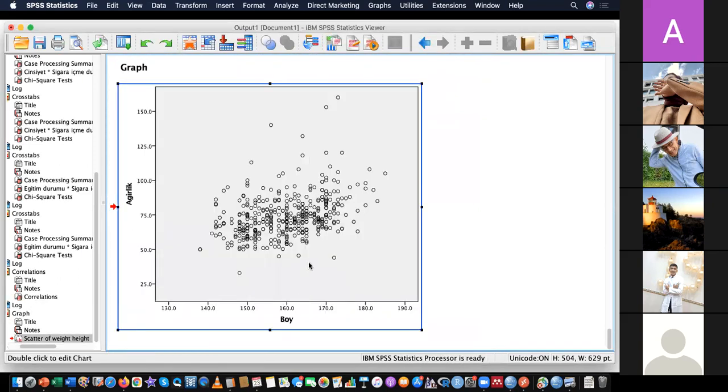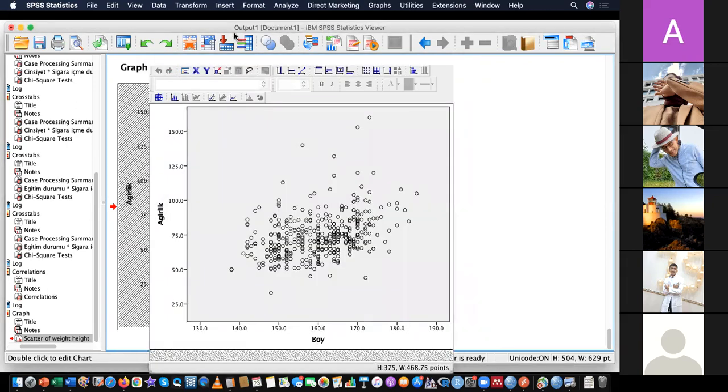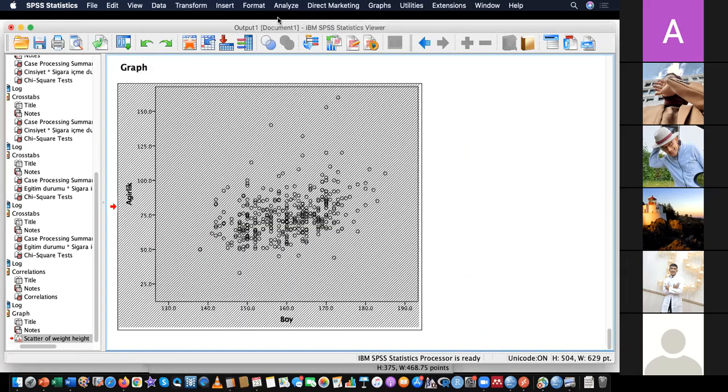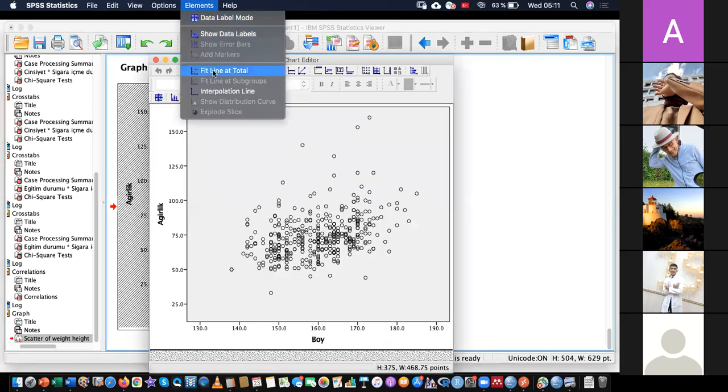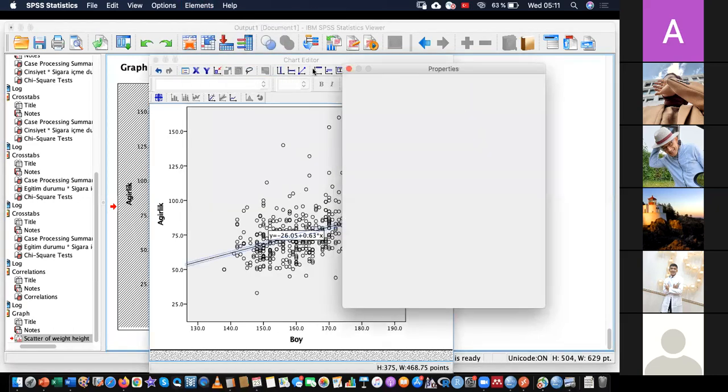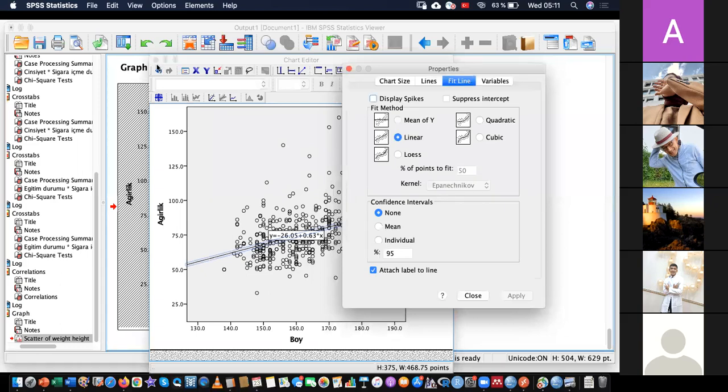This is my scatter dot here, scatter diagram. I can include the slope elements, fit line. You see, now I have the slope.